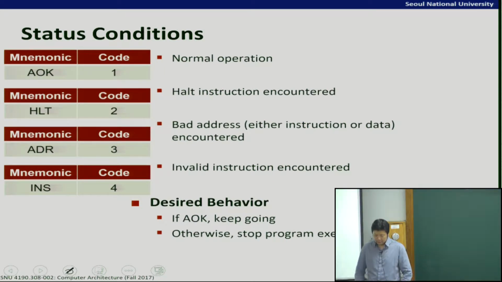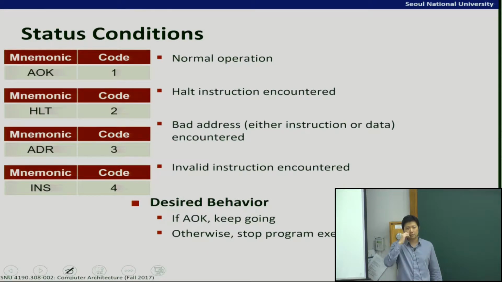So, it actually has several values in it. If the code is 1, then this is A-OK. A-OK means everything is OK. You can simply keep going. If code is 2, then we actually hit the halt instruction. So we just stop the system. That's the status of the system.